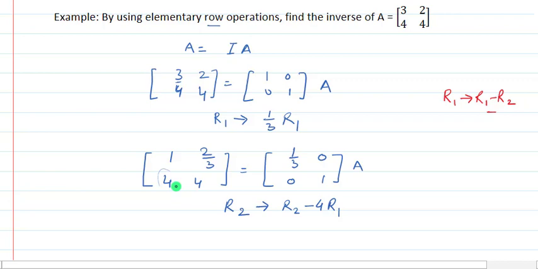We should focus on the particular element we are talking about. So I am applying this operation taking care of only this element and this element, to get 0 over here so that we can use this 1 over here.